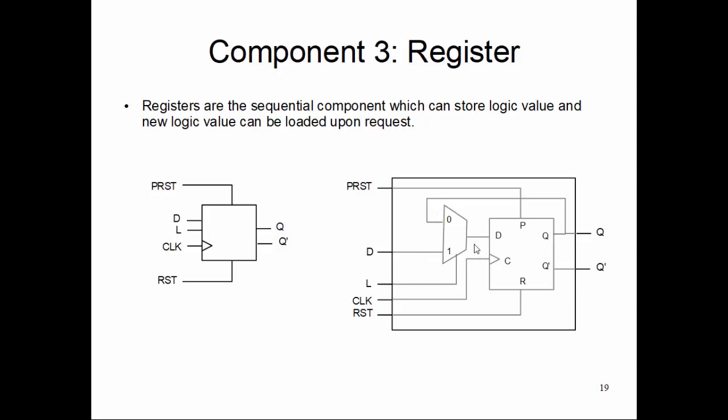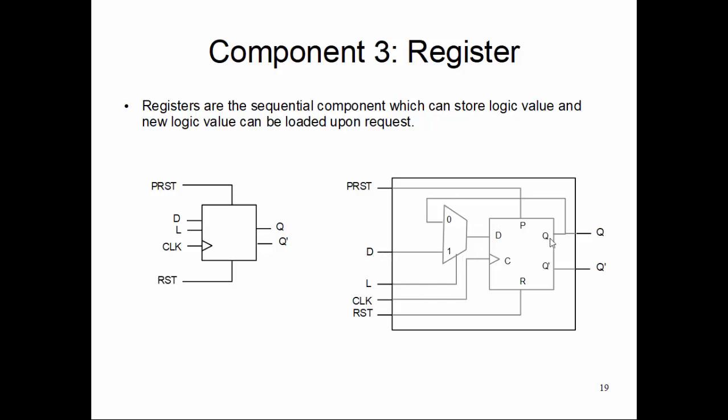So what happens if L is 0? Then the current value of Q will go as the next state, right? If Q was 0, it will relatch the value 0. If Q is 1, it will relatch the value 1. Only if L is 1, then this multiplexer will send the incoming data D into that flip-flop.